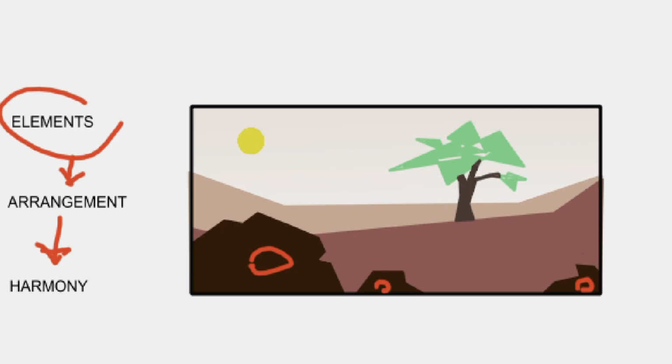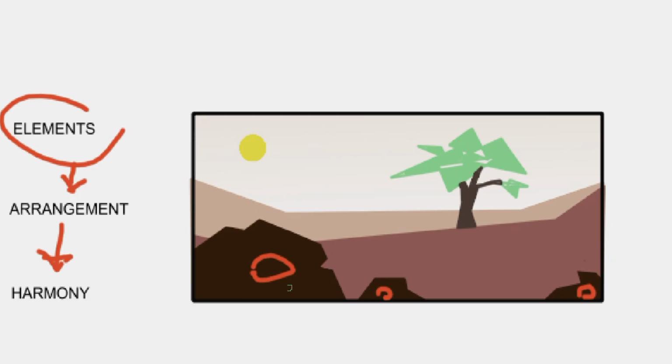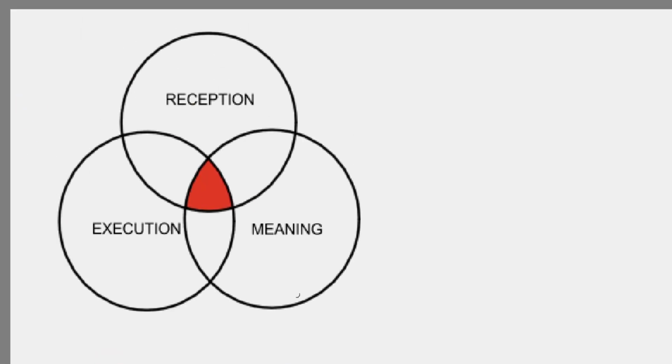Everything else is dead matter. Rocks, sand, gas, the sun, all of that. It gives you a feeling of loneliness. That is the harmony produced. The elements are arranged in such a way that they produce a harmony, and that harmony can carry meaning. It can carry meaning to the recipient.